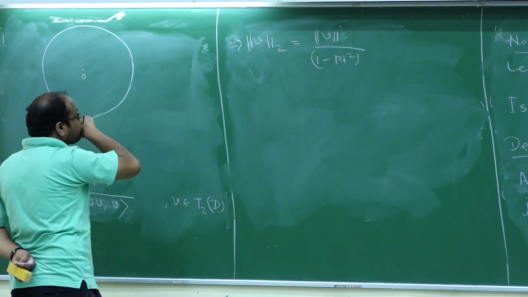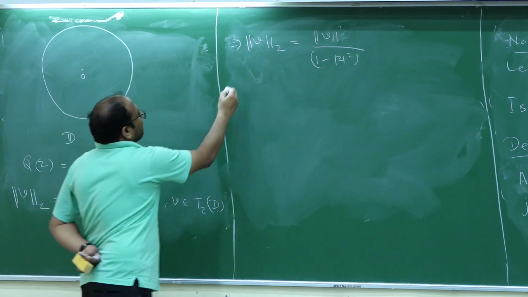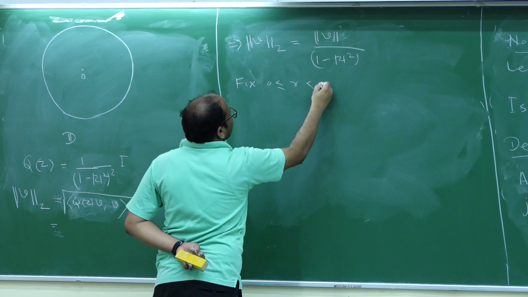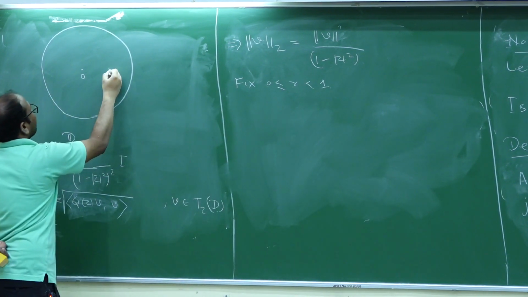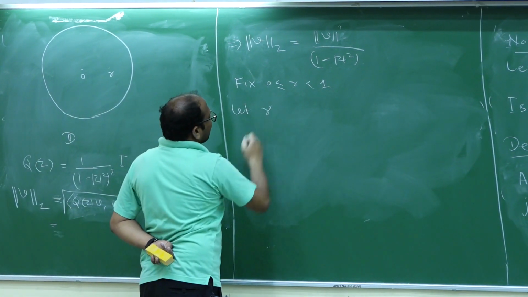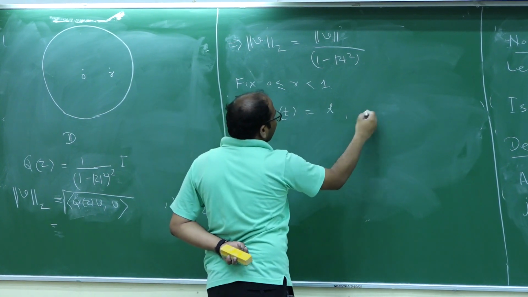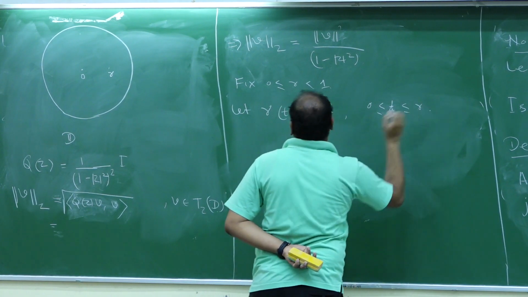Now, so pick some point, zero, that is equal to what? So this is my point 0. Now let gamma be the curve, gamma(t) = t, with t less than or equal to 0.